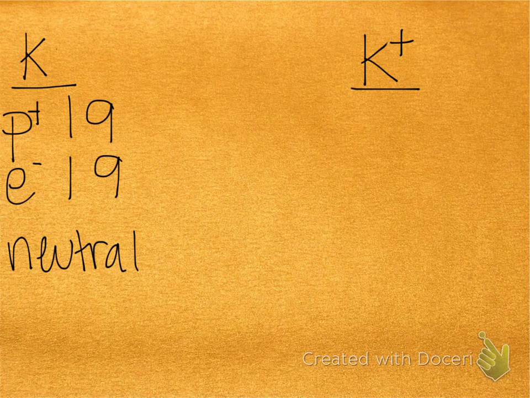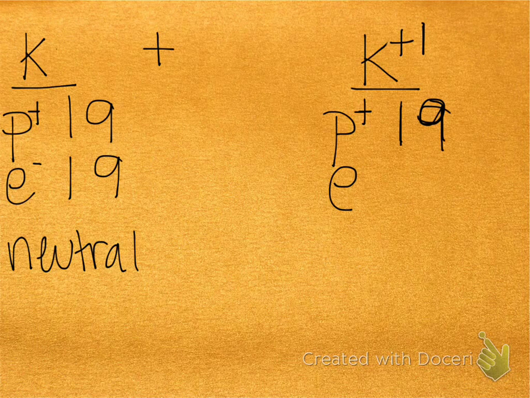No charge up there. With my potassium ion, protons staying the same, going to be 19. So now my plus sign means that I have more positives than I do negatives. And how many more? If there's nothing there, that means 1. So you may see it written like this. The majority of the time, if you just see a plus sign or you just see a minus sign, it is 100% safe to say that is representative of 1 on your charge.